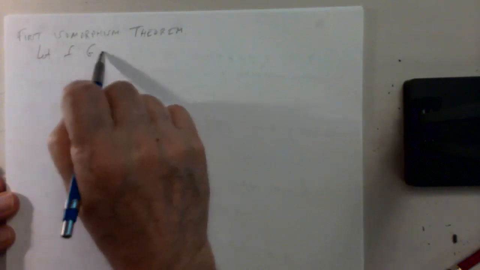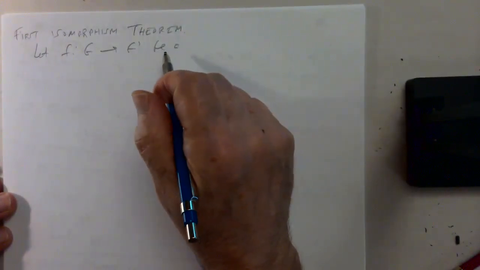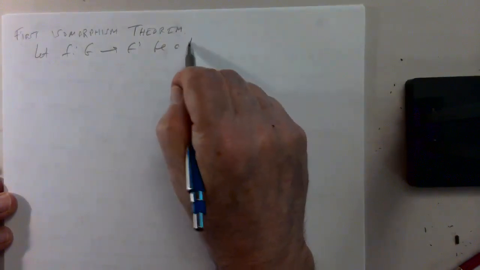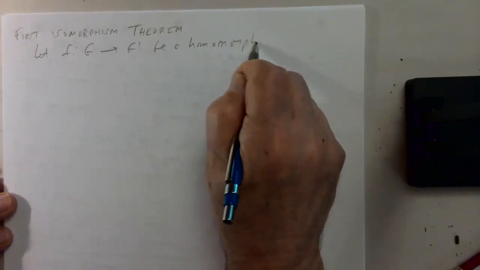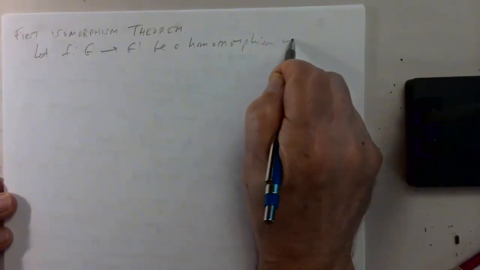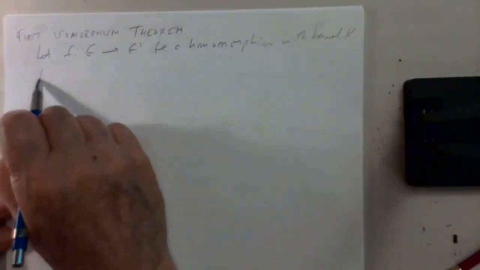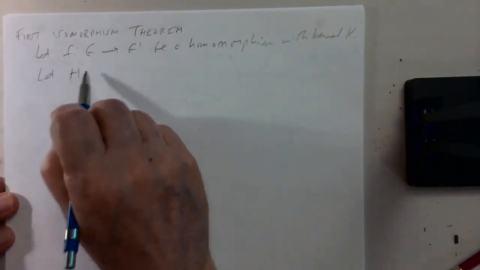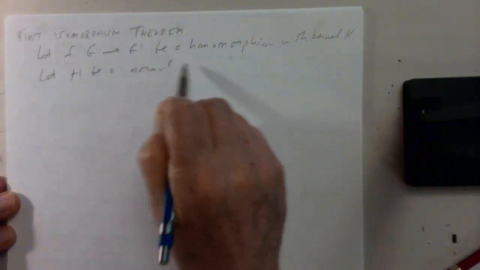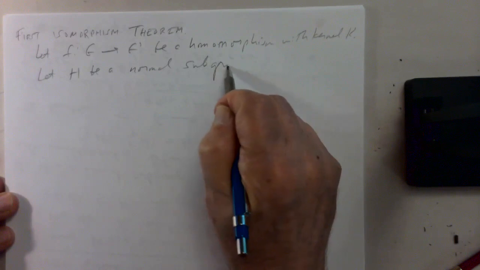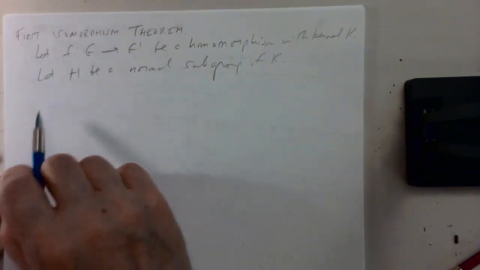Let f from G to G prime be a homomorphism with kernel K, let H be a normal subgroup of K, H could be K itself.